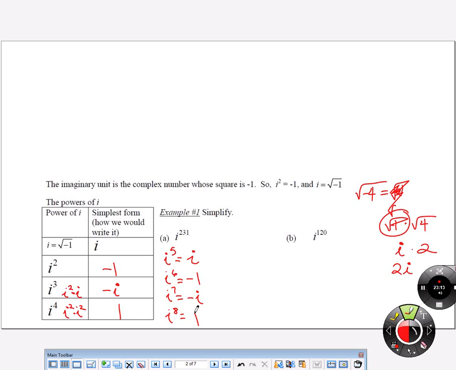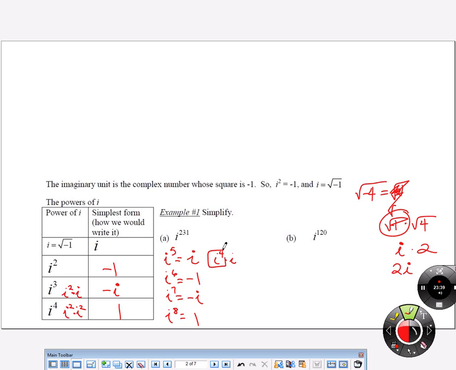Okay. So if you aren't sure how we figured this out, basically my idea is once i squared equals -1 is cool, and I really have to know that. But in this certain circumstance, once I knew that i to the 4th was 1, I would basically try to write all of these with as many of those as possible and then just look at the leftovers. So like I would think of i to the 5th as being i to the 4th times i.